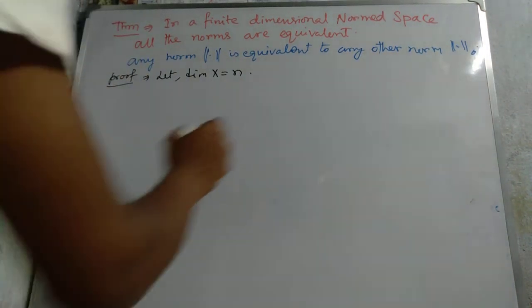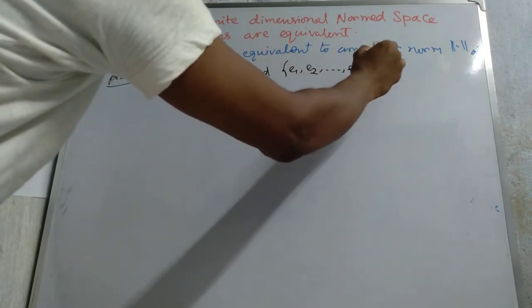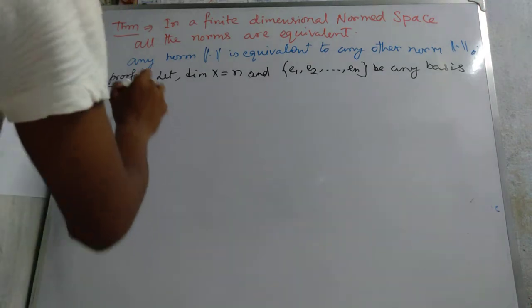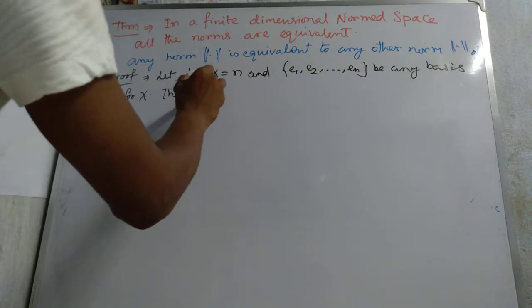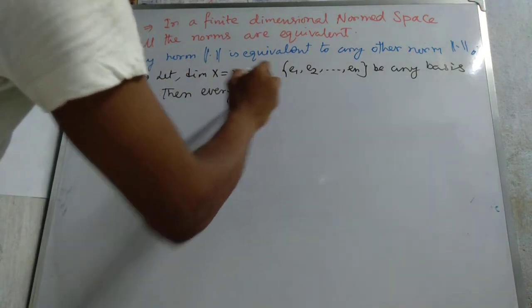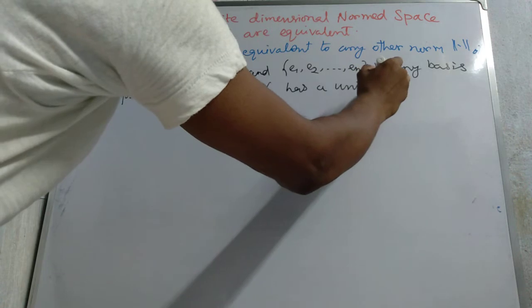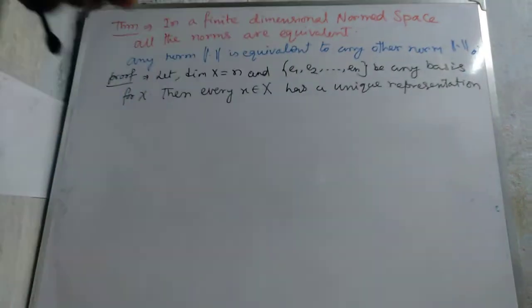Let e1, e2, ..., en be a basis for X. Then every x belongs to X has a unique representation x = a1 e1 + a2 e2 + ... + an en.